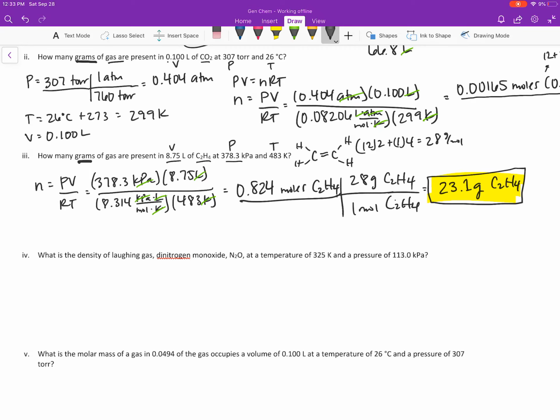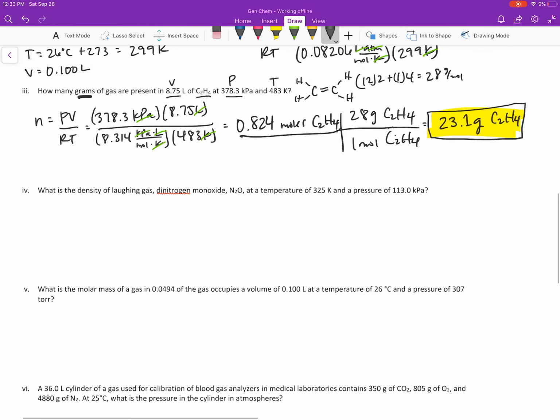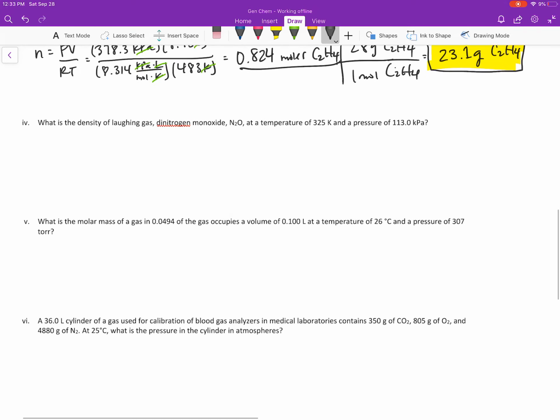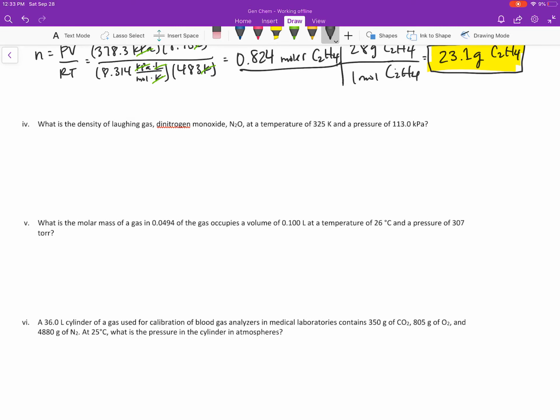Okay, so you can see how important the ideal gas equation is going to be. All right. The next equation, there are more than one way to approach this.